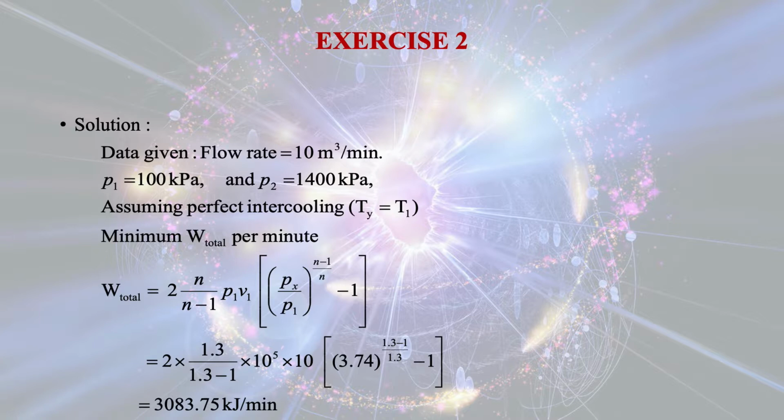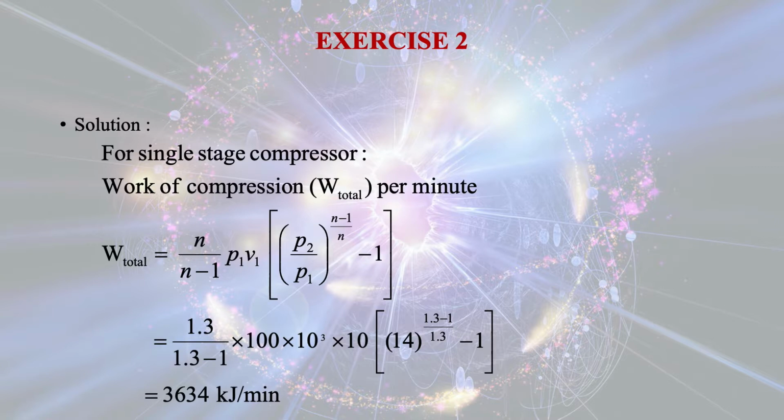You know very well how to calculate this, because all the data are given: P1 is given, small v1, the specific volume, is also given, and Px is also calculated. Just put the values in this expression and calculate W total. For this two-stage compression the W total will be 3083.75 kilojoule per minute.